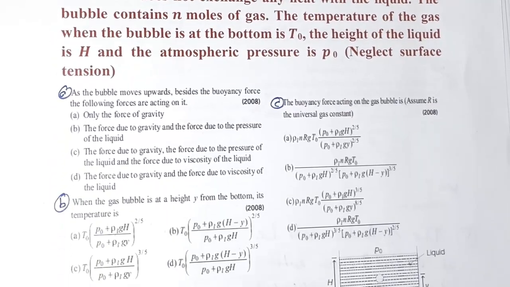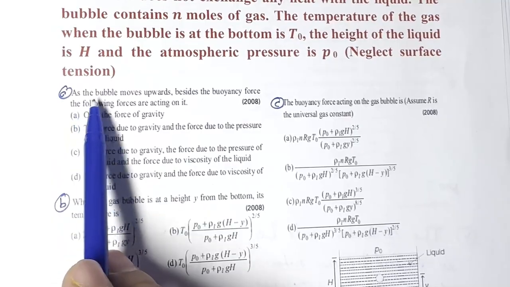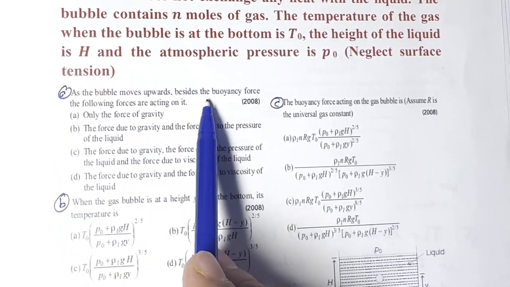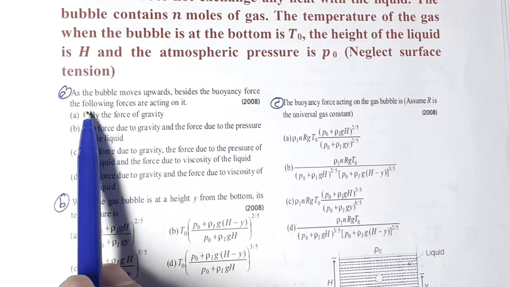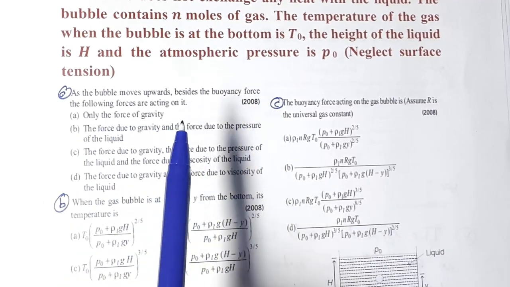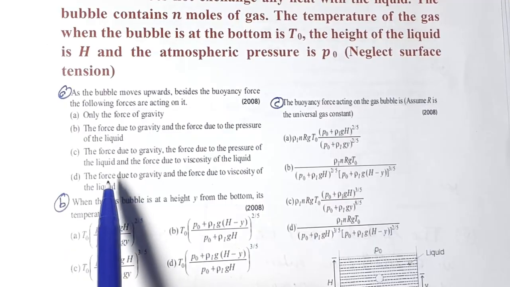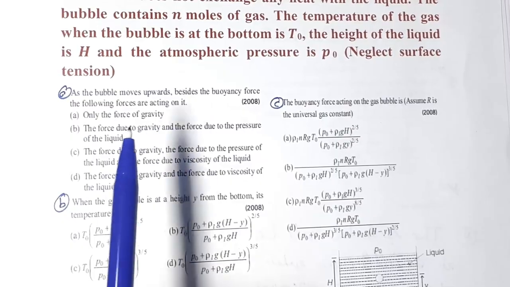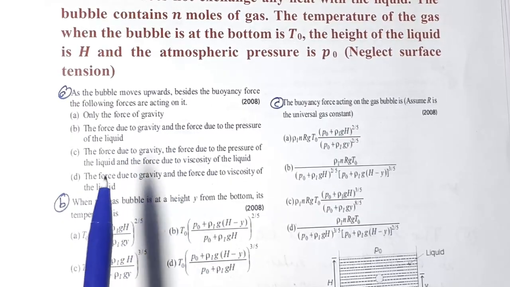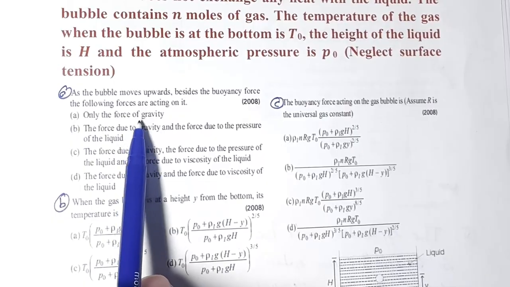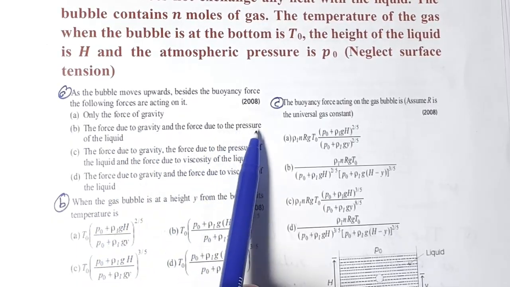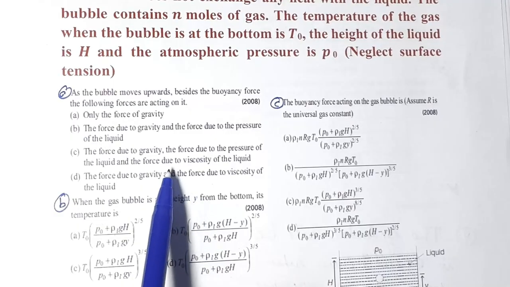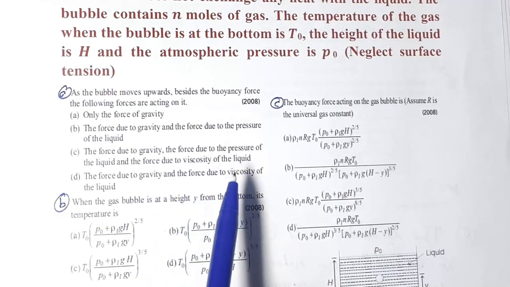So in part A, we are supposed to find out, as the bubble moves upward, besides the buoyancy force, the following forces acting on it. There is a combination of three forces other than this: first one is the force of gravity, then the pressure, and then the liquid, force of viscosity.